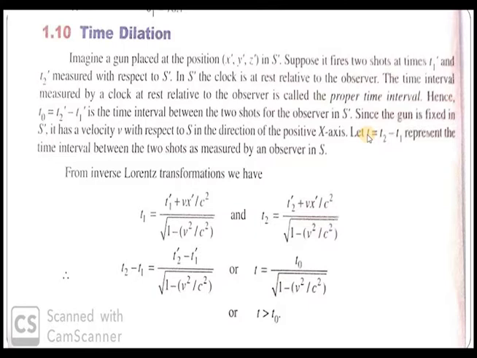The first shot occurred at time t1 and the second shot occurred at time t2, and the time difference between the two shots is t is equal to t2 minus t1 as observed in the S frame.